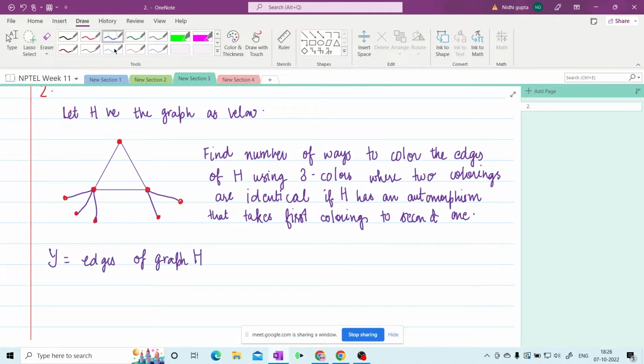So we have these vertices 1, 2, 3, let me name them, 4, 5, 6, 7, 8.